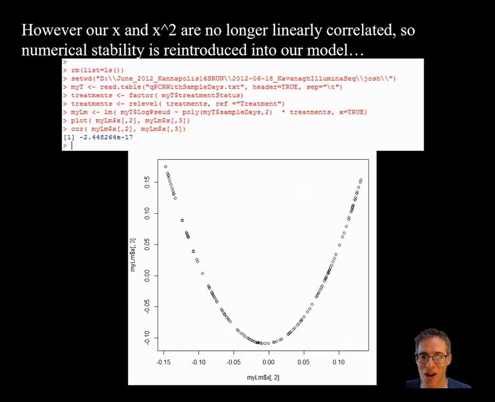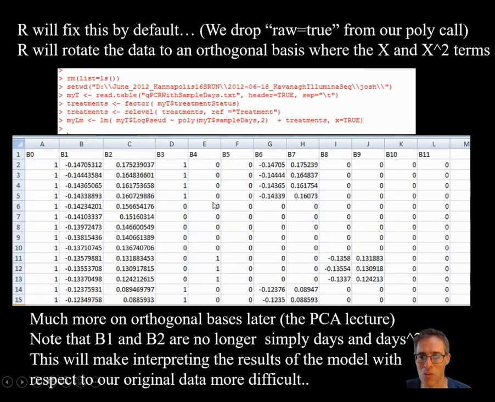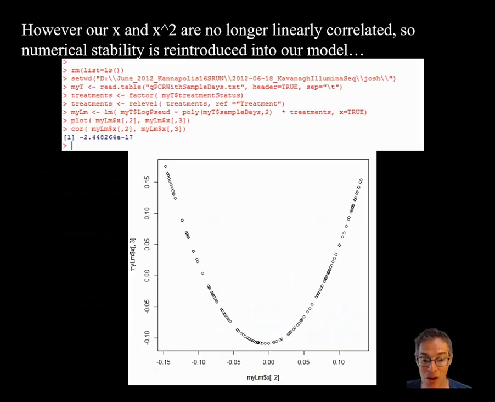And so R has taken that parabola and rotated it around so that the correlation coefficient between the x and the y-axis is within round-off error of 0. So we're in a new basis space now, where time and time squared are no longer correlated with each other. This guarantees numerical stability in our model.